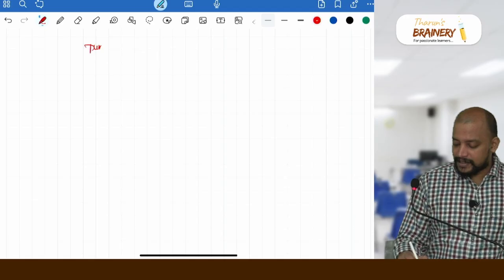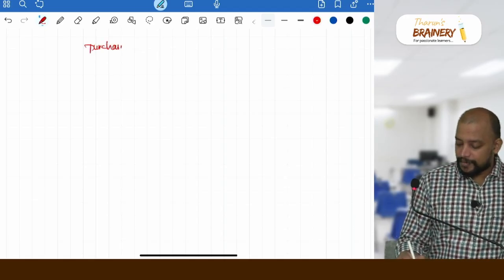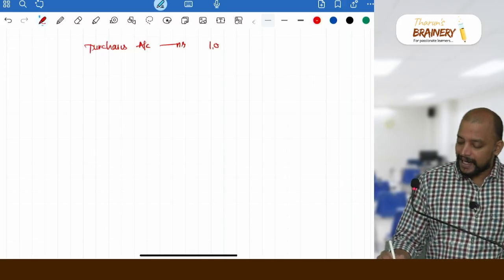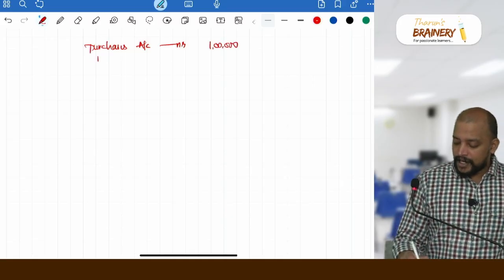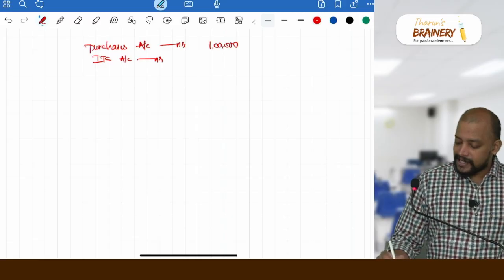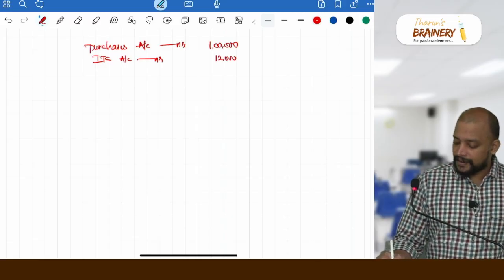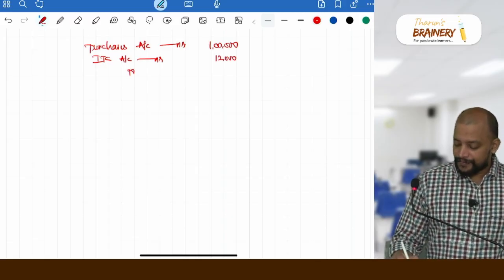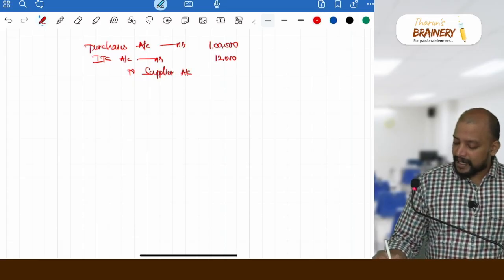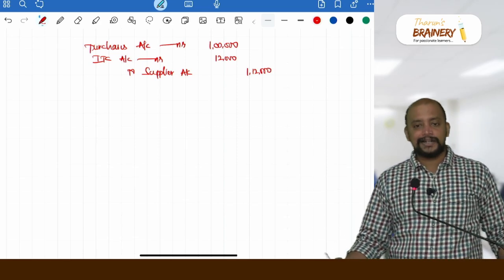Purchases account debit. How much? 1 lakh. Input tax credit account debit is 12,000. To supplier account, 1,12,000. Is it clear?